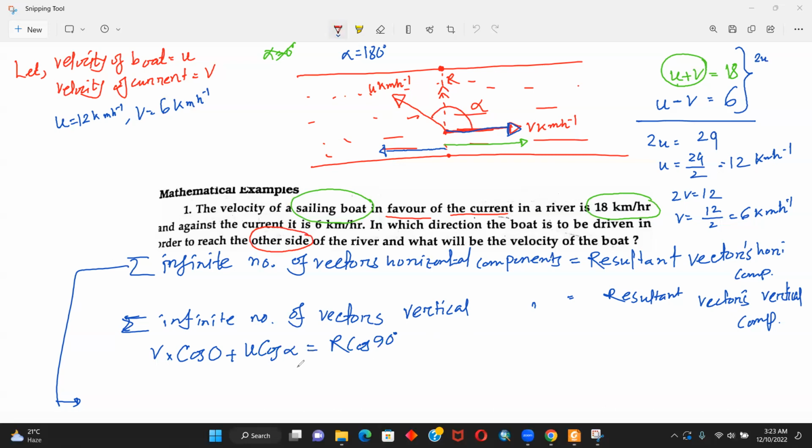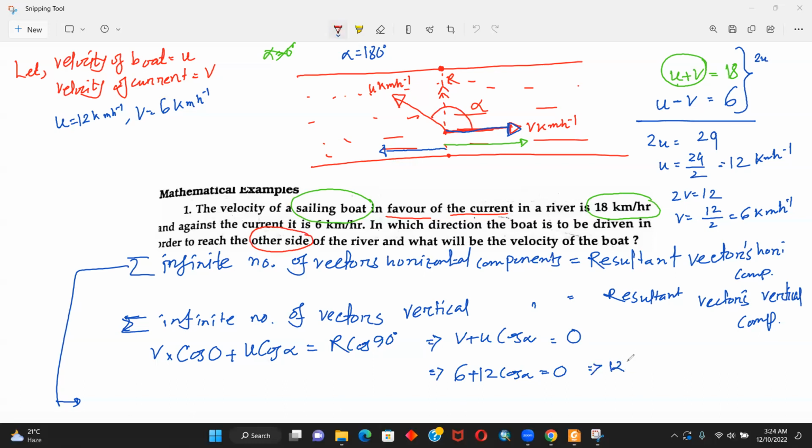Okay, so let's simplify this equation. So this will be V plus U cosine alpha equals to 0. Let us plug in the values. So we have 6 plus 12 cosine alpha equals to 0. Now let's subtract 6 from both sides.